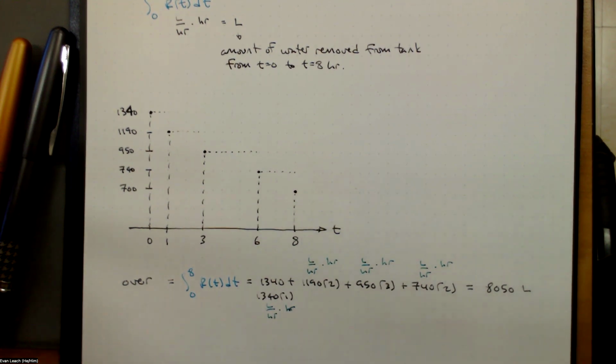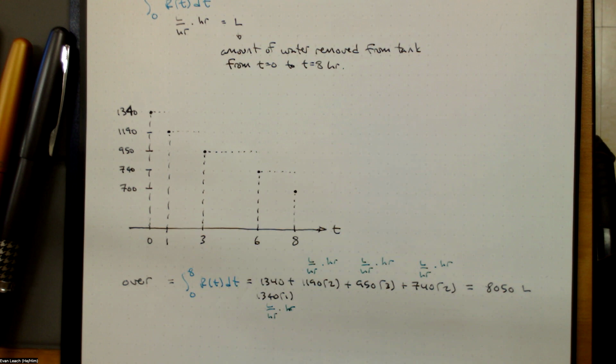That's because I took 1340 and used it for 1 hour. Here we get an overestimate because we're using the largest value that we know on each of these intervals.